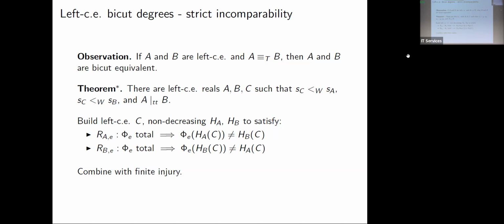And if B computes A, then using information of what's less than B and what's greater than B, you can get information of what's less than A and what's greater than A. The information of what's less than B is free. So really you're saying that given positive information about what's greater than B, you can compute positive information about what's greater than A, and vice versa. So if I look at one Turing degree of Left-c.e. reals here, that one Turing degree is actually also one Bicut degree.